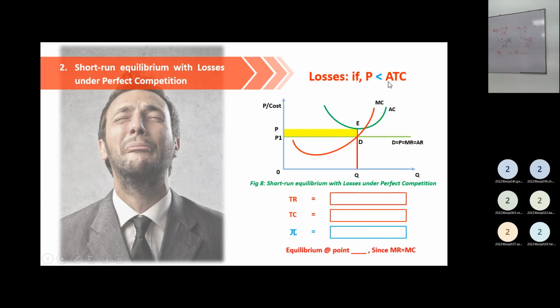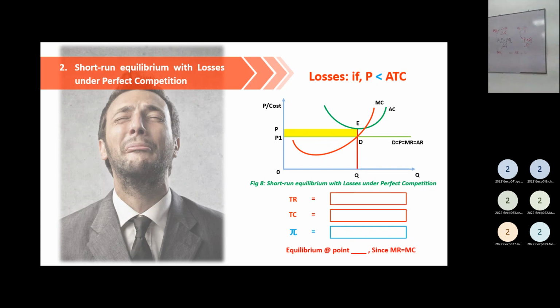Okay, so what is the condition here? Profit maximizing condition. Marginal revenue must be equal to marginal cost. At which point? This is simple, no?